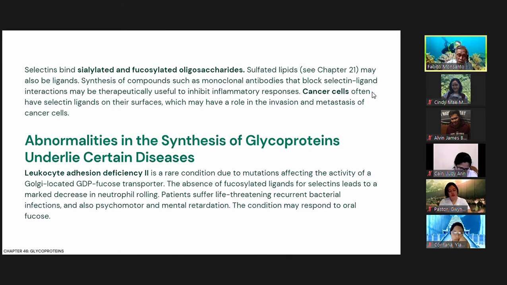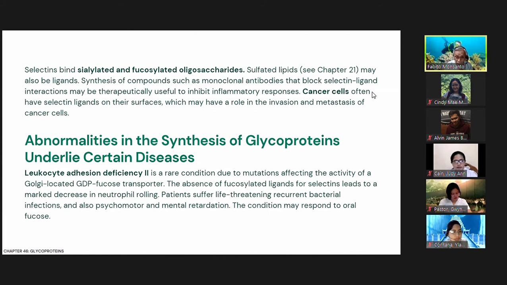Leukocyte adhesion deficiency is a rare condition. Now, this is a mutation which affects the Golgi located GDP fucose transporter. So with the absence of this, fucose ligands for lectin leads to a marked decrease in neutrophil rolling. Neutrophil rolling will activate the neutrophils.